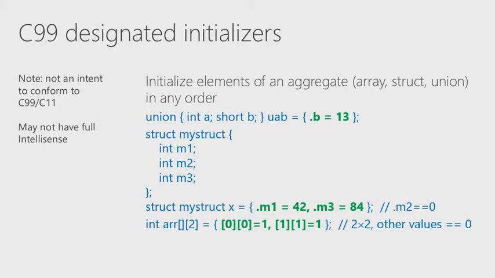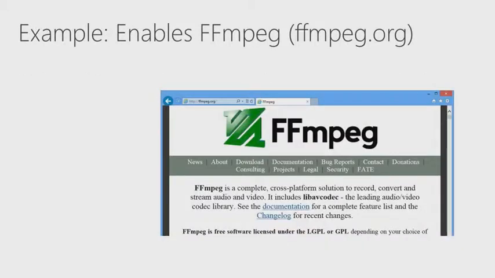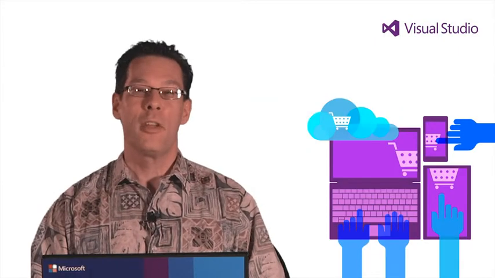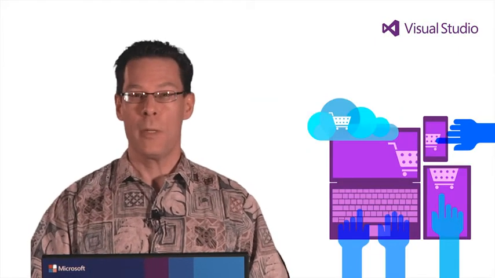This is fully supported, including, as the last line shows, for arrays. Again, this is in C mode. This is C code, not C++ code, but we support that as well. And that enables things like FFmpeg, which is a popular library and, among others, now compiles, runs, and is fully accepted in Visual Studio.